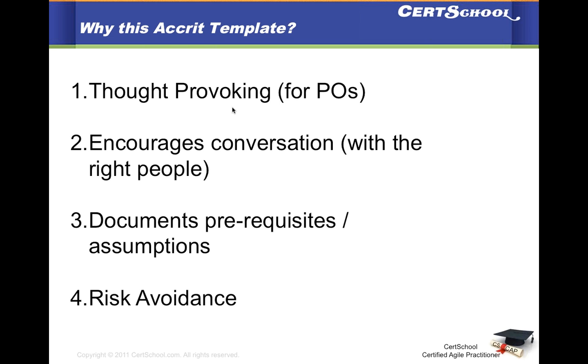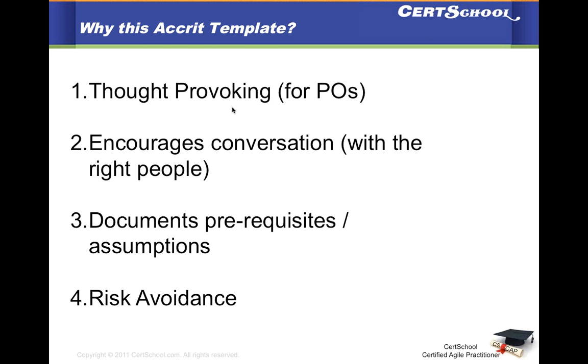The second advantage is that it encourages conversation, especially with the right people. Imagine you are a product owner, you are an analyst, and you have written a story. Now you have to write the acceptance criteria. So you're looking at all the scenarios that you have in your mind, and it is very likely that you do not know the expected behavior in certain cases, or what the customer is expecting.